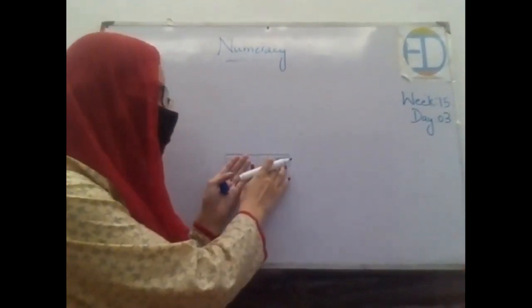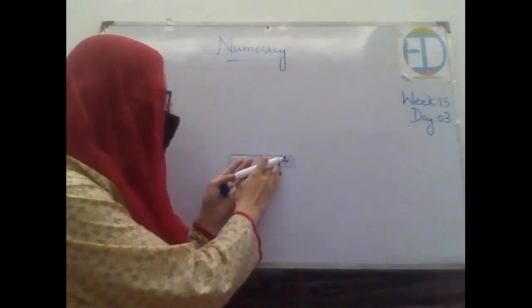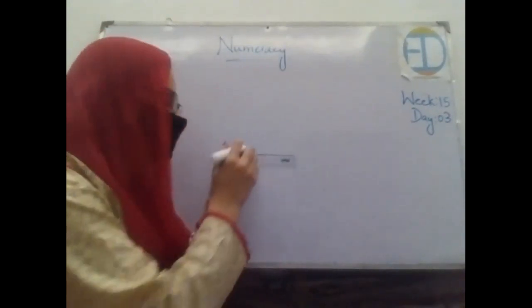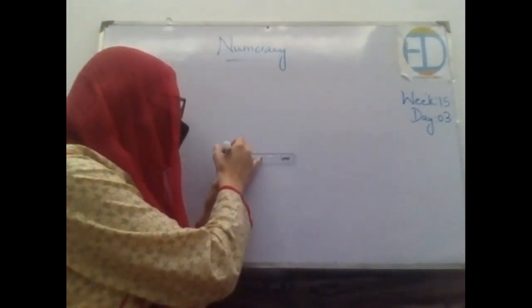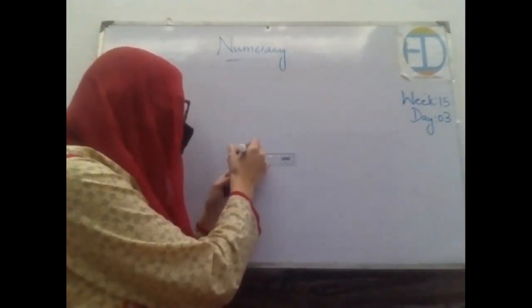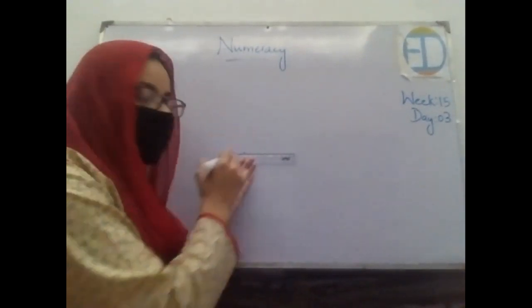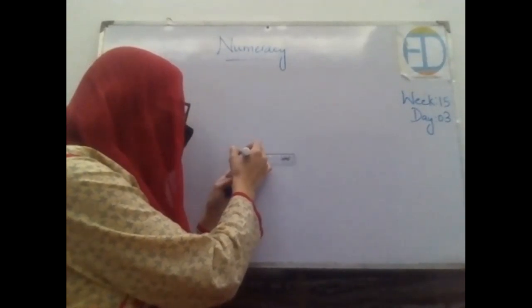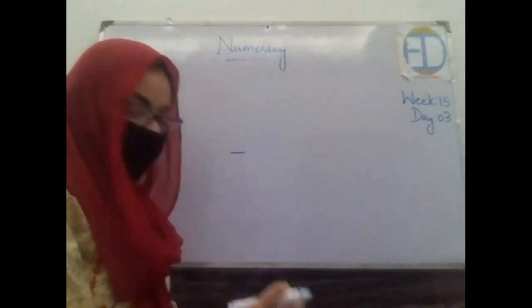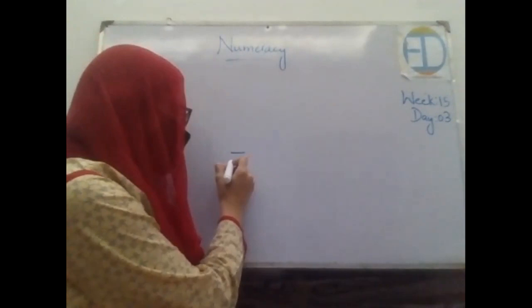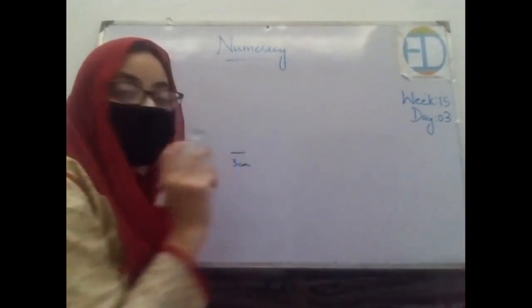We draw 2 points. Let's say I want to draw the length of 3 centimeter. I will draw a mark on 0 and the other one on 3. Now I will join these 2 points. So this is the line of 3 centimeter.